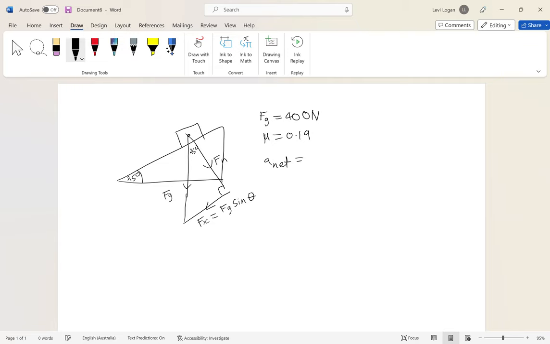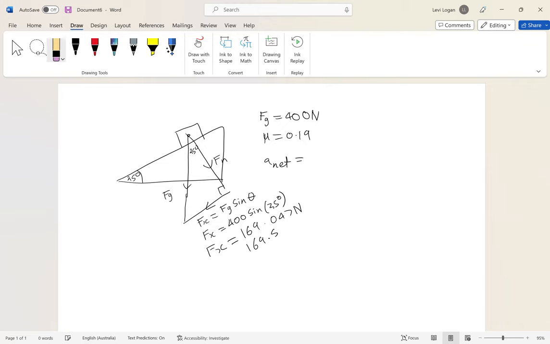In this particular case, F of x is equal to 400 newtons times sine of 25 degrees. Calculating that, we go 400 sine of 25. Make sure your calculator is in degrees, and we get 169.047 newtons. Just rounding that, I'm going to go 169.